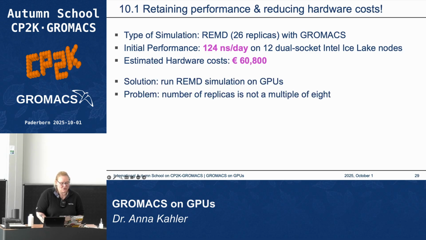So we decided to run this simulation on GPUs. The problem is GROMACS, as I said, some numbers in GROMACS do not work very well with each other. So 26 is not a multiple of 8, so GROMACS will tell you I cannot run this replica exchange simulation. It just doesn't run.